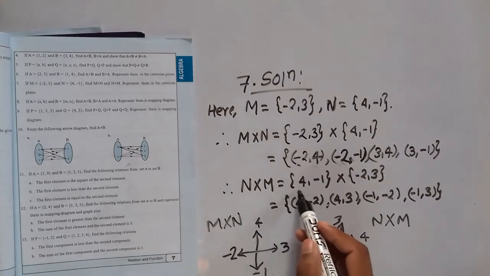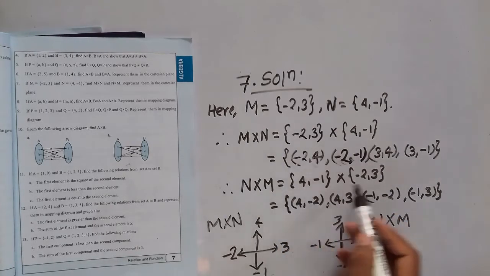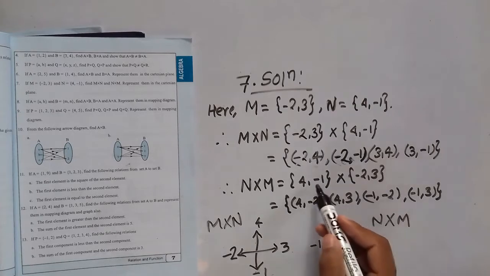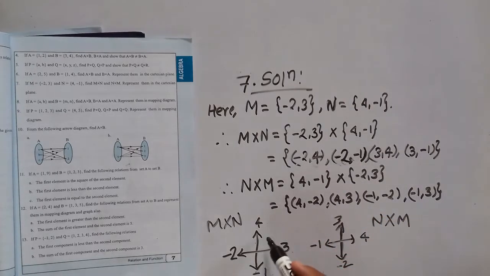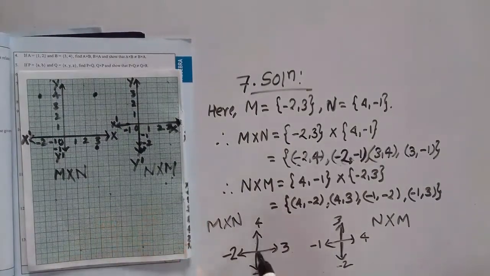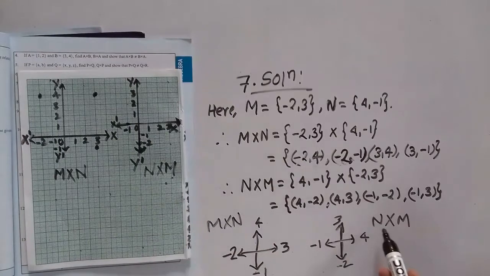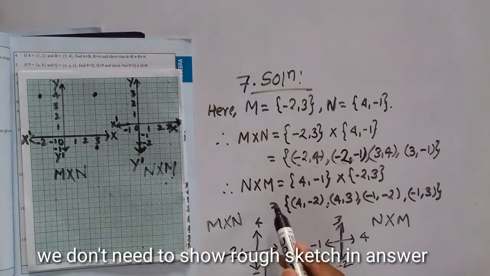For this, first the N set is written, then the M set, and the Cartesian product is (4,-2), (4,3), (-1,-2), (-1,3). For the Cartesian plane, for M cross N we have drawn this rough sketch, and for N cross M we have drawn this rough sketch, so that it will be easier to draw the Cartesian plane.